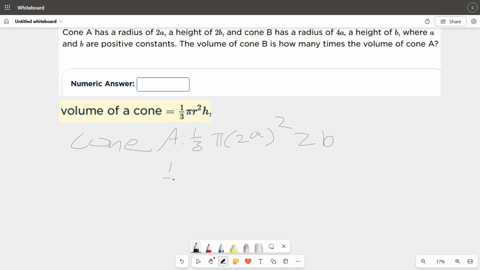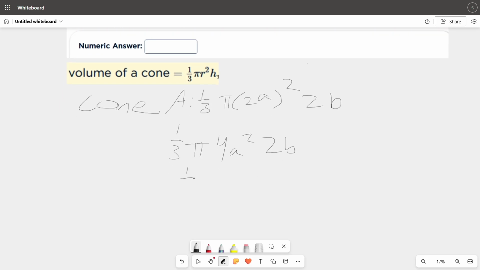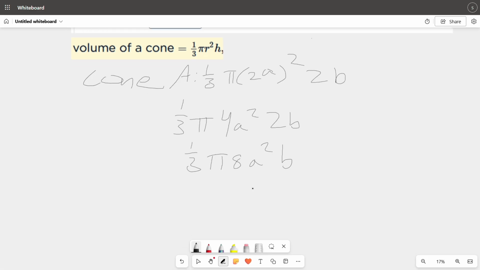It'd be 1/3 pi 4a squared 2b. 1/3 pi times 4 times 2 is 8a squared b, and we can multiply 8 with 1/3, so it'd be 8/3 pi a squared b.